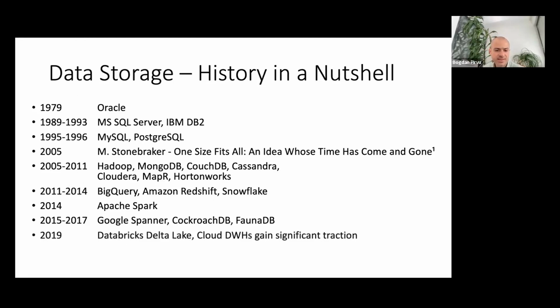Okay, in 2019, the inventors of Spark, these are people working at a company called Databricks, introduced a new product, Databricks Delta Lake, which in principle can be used as a storage solution in your modern data stack. But it isn't exactly a cloud data warehouse.